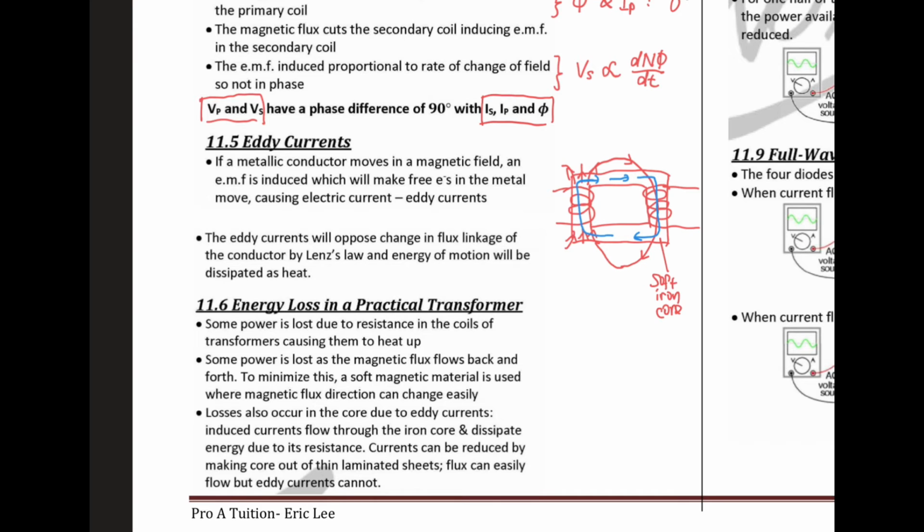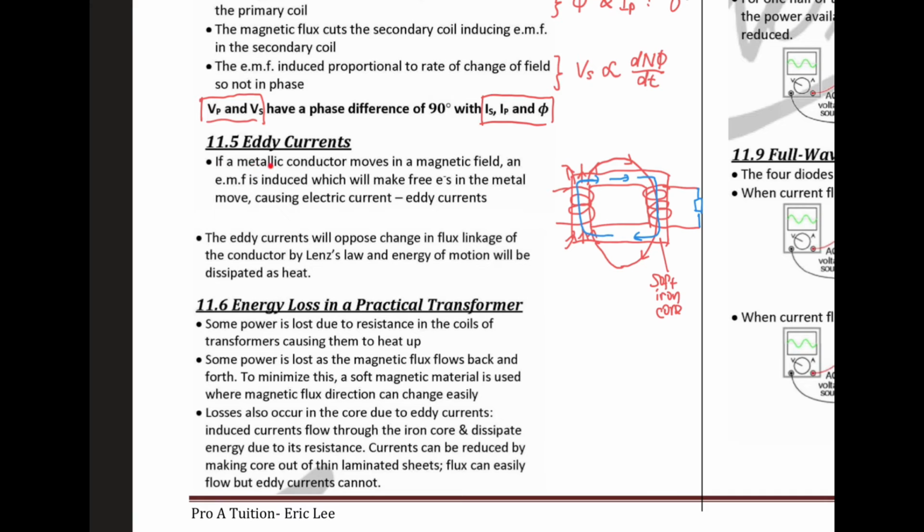Our electrical device is connected to the secondary coil. So it is wasted, and it makes power loss happen, or energy loss as heat. You have to imagine they have nowhere to go. They keep moving around here, and the soft iron core has resistance, and then they will make energy loss as heat. So that is eddy current.